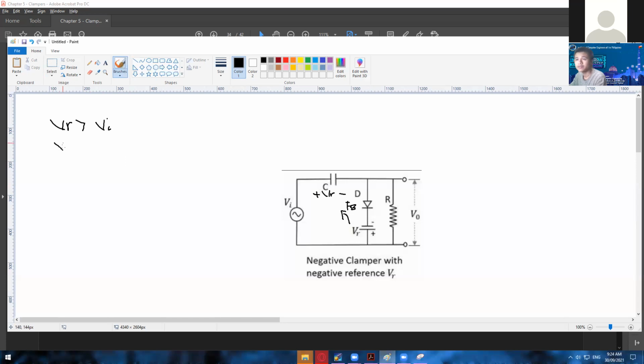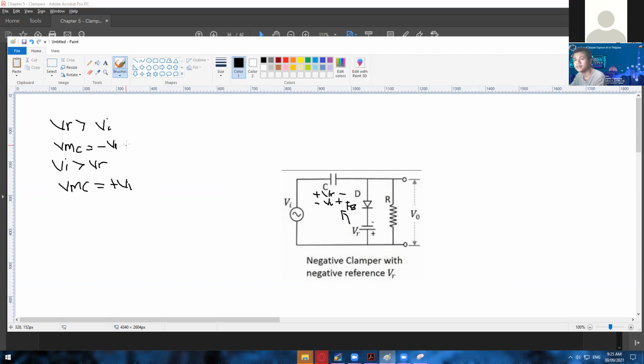VMC now is equal to negative VR if we consider this current right here. Once VI is now greater than VR, this will now be charged by the VI itself. This will be negatively charged by the VI, and then positively discharged by the VI also. VMC is equal to positive VI.